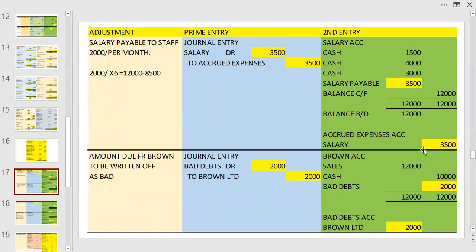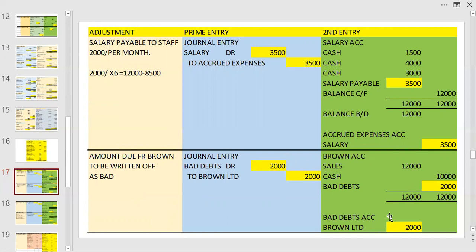Amount due from Brown is to be written off. So the outstanding amount there is 2,000. So we write it as bad debts debit 2,000, Brown's Limited credit 2,000. And again, if you note, a new account called bad debts account is opened here.